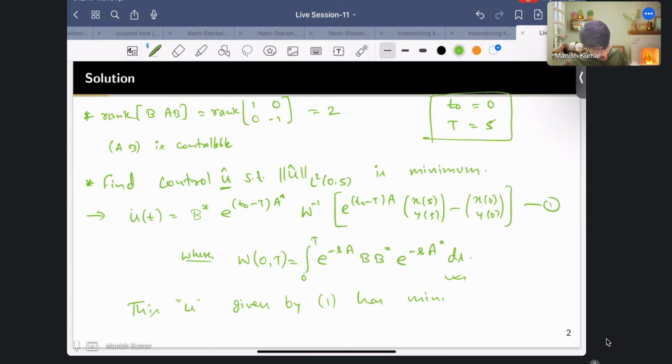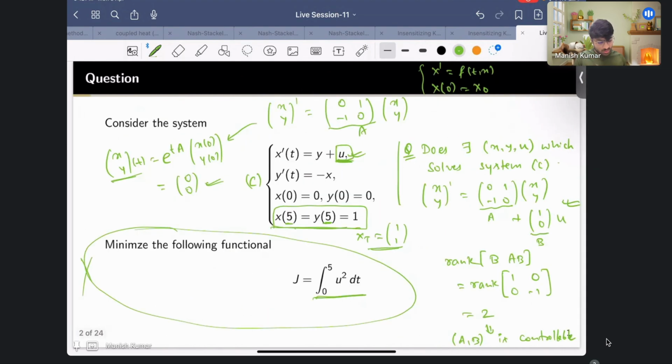So in this particular case you already knew what the optimal control would be. But what we saw here is that this functional J was just containing U square, so we were just trying to understand how to minimize the cost of the control. Over here the functional might have the states, I mean it could include the states x, y. So you could have x square, y square. So how to deal with that?